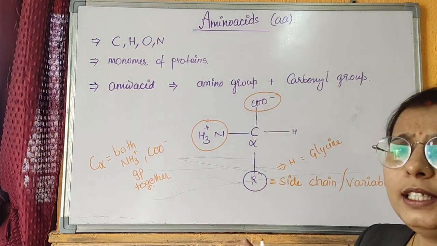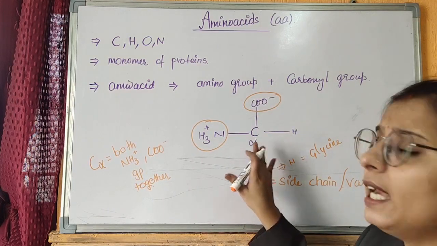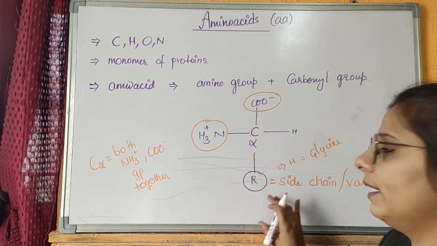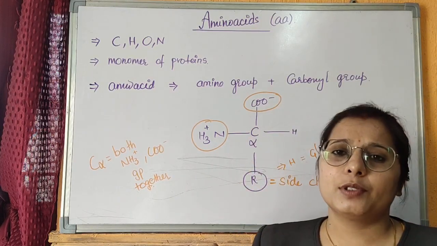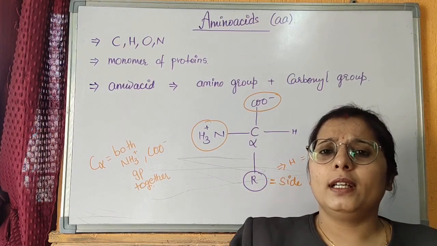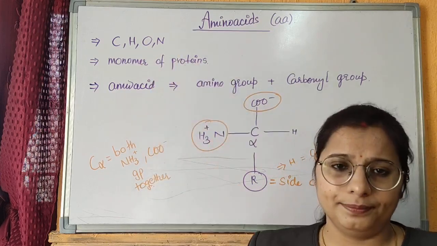Thus, an amino acid has this structure where there is an alpha carbon having an amino group, a carboxyl group, hydrogen and a variable chain, making different types of amino acids, and these monomeric amino acids further form the basic structure of a protein.